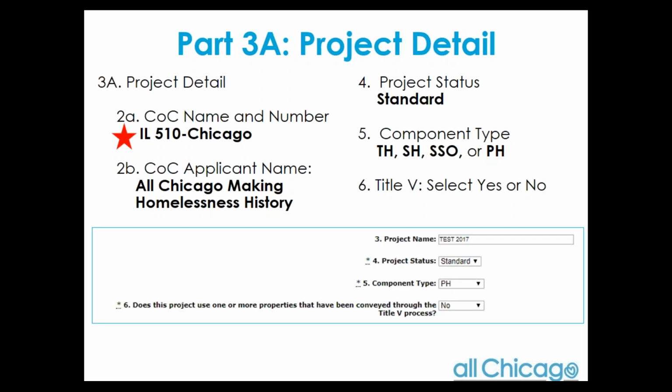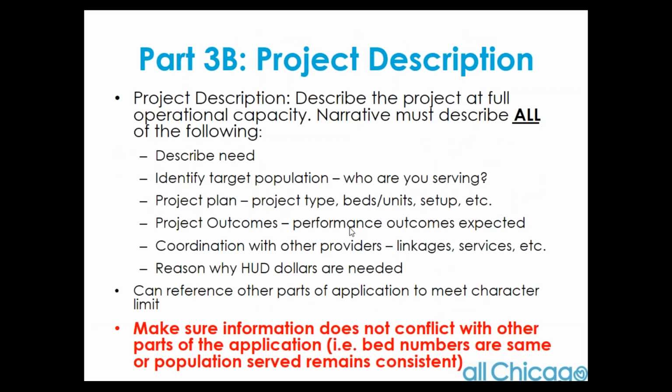And then finally, make sure to answer whether this project uses one or more properties that have been conveyed through the Title V process. It has been my experience that many of you who do not know what a Title V is usually have not gone through that. But in the event that you're not sure, we do encourage you to check in with your grant individuals just to make sure that you are selecting the correct response for this question.